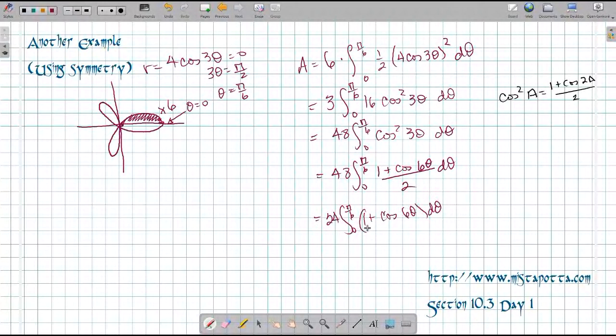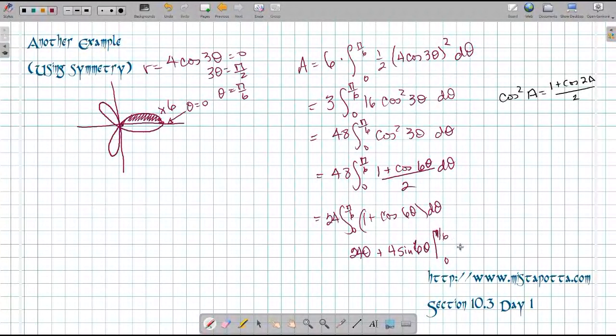And integrating 1 gives me theta, so I've got 24 theta. Integrating this gives me sine of 6 theta over 6. So this actually ends up being 4 sine 6 theta. And I need to evaluate this from 0 to pi over 6.